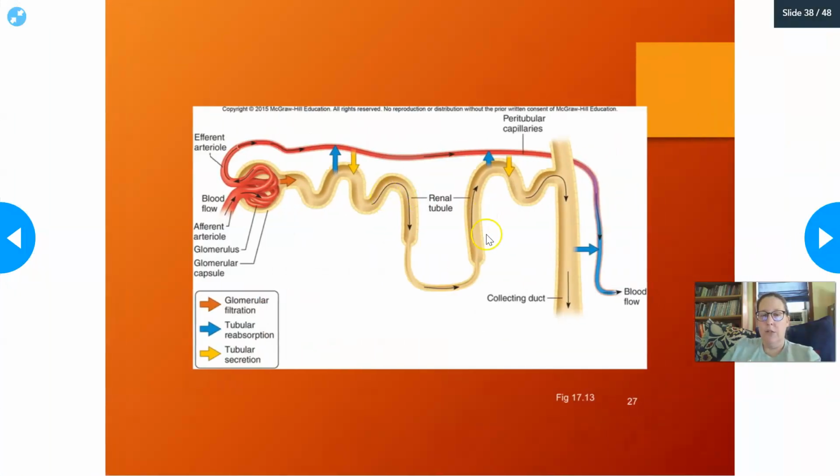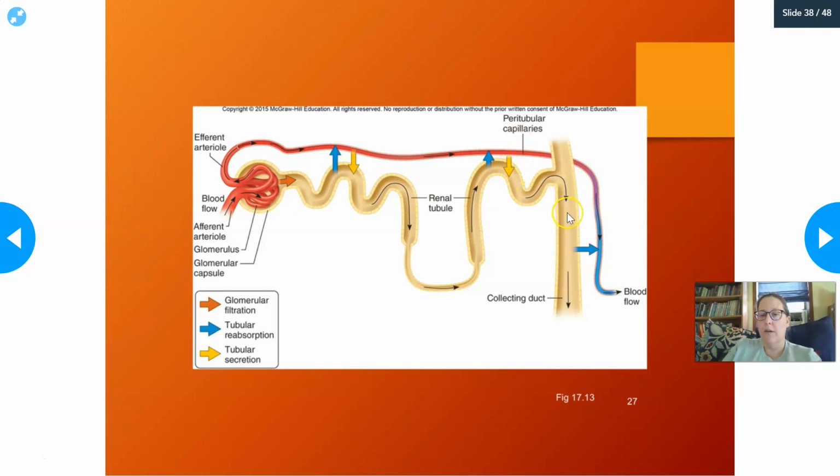And so here are all the stages all illustrated. We have filtration that happens here, and then we have a lot of reabsorption in the proximal convoluted tubule with some secretion can happen here too. Then we go up and down the loops. There we go. And then we have very little reabsorption and more secretion here can happen also.